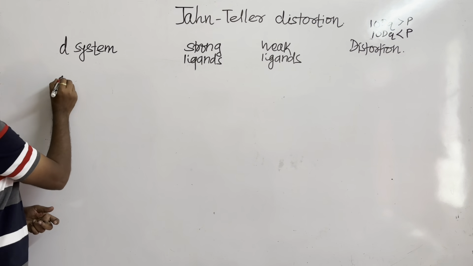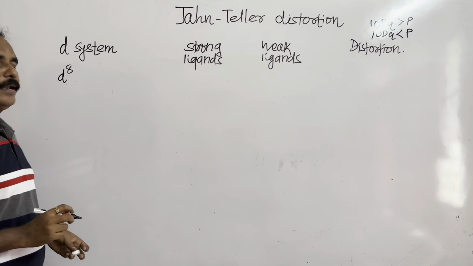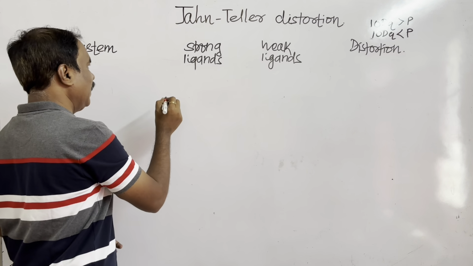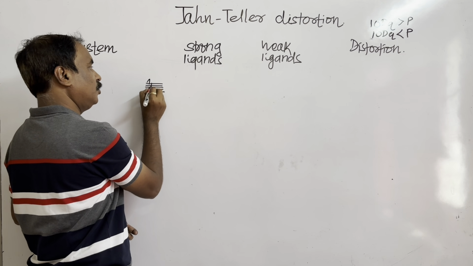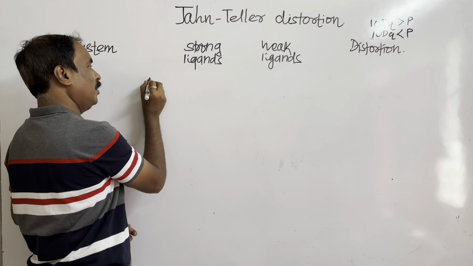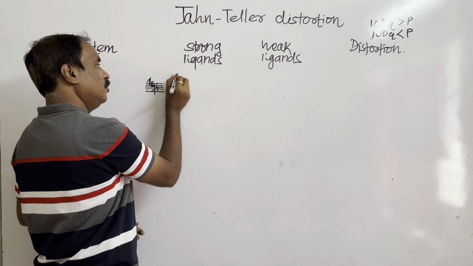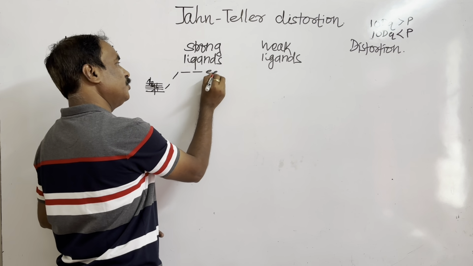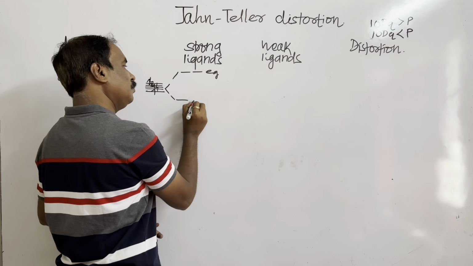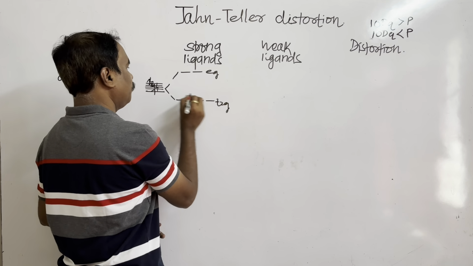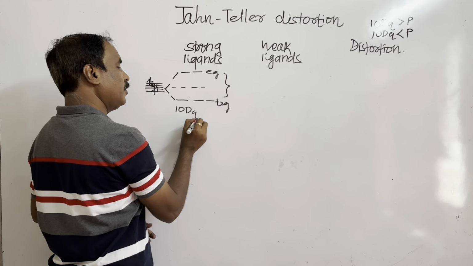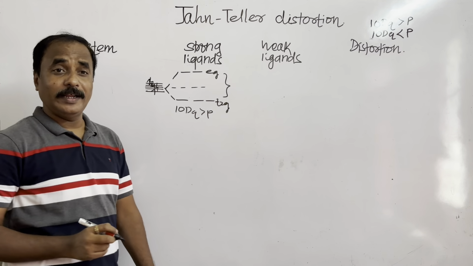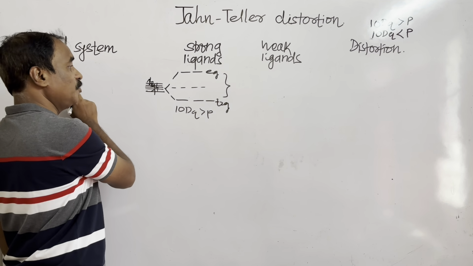Next, when a system is d8, 8 electrons, splitting of d atomic orbitals: 1, 2, 3, 4, 5, 6, 7, 8. Splitting of d atomic orbitals, here it is eg, t2g. Ligands are strong and here 10 Dq is greater than pairing energy. 8 electrons are there, system is d8.